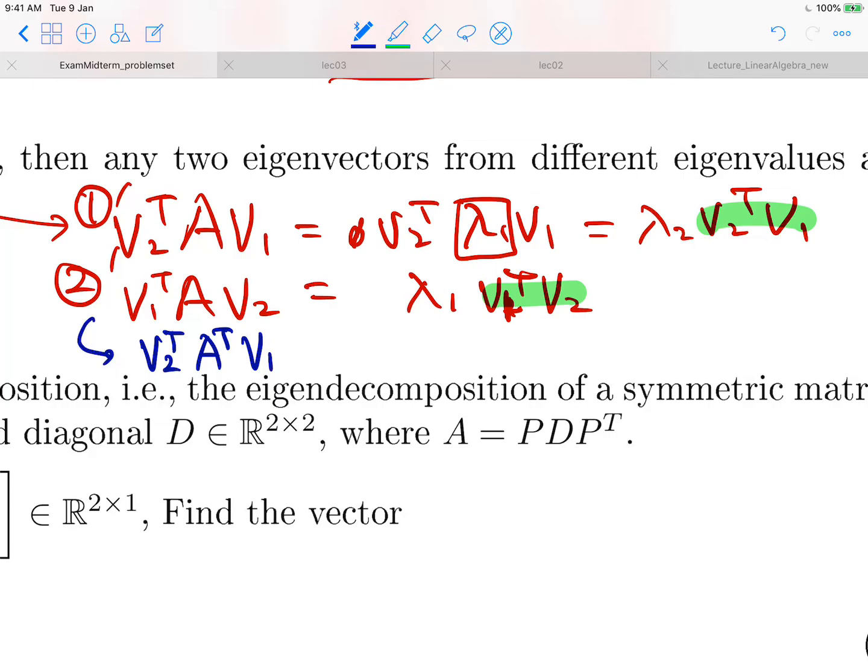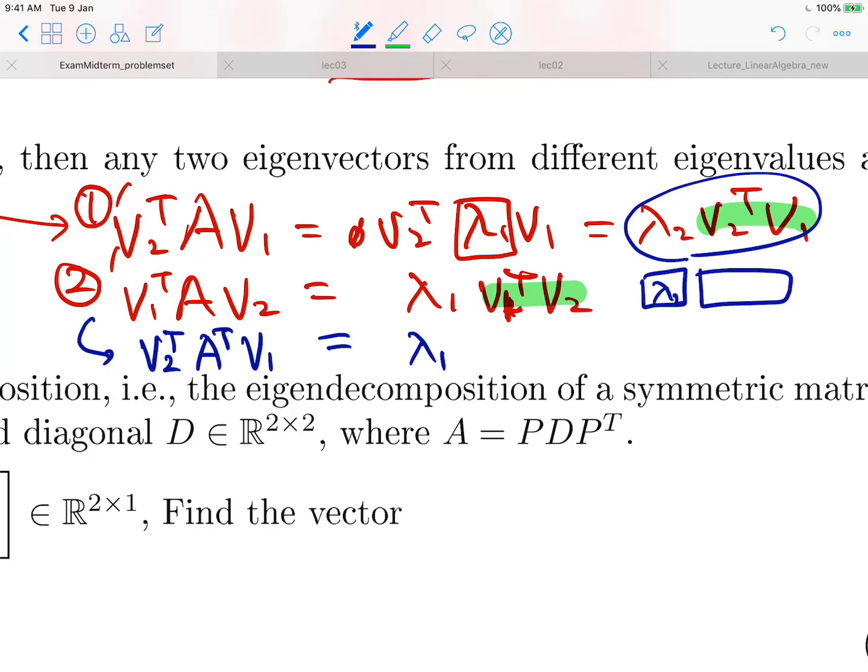What about the right-hand side? The right-hand side is still the same. It is lambda 2 and this inner product, which produces just a scalar value, right?